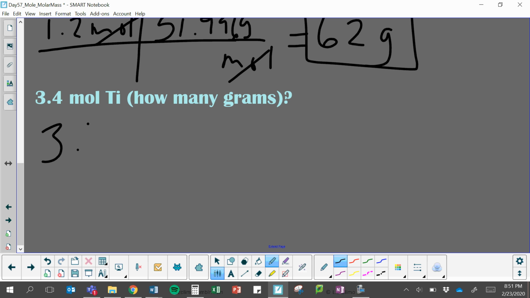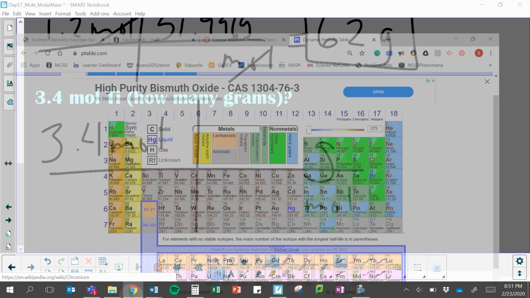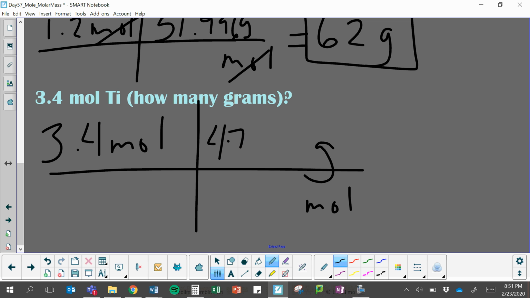And we'll do 3.4 moles of titanium, cancel with our moles down here. Titanium is 47.867 per 1 mole. Moles cancel.